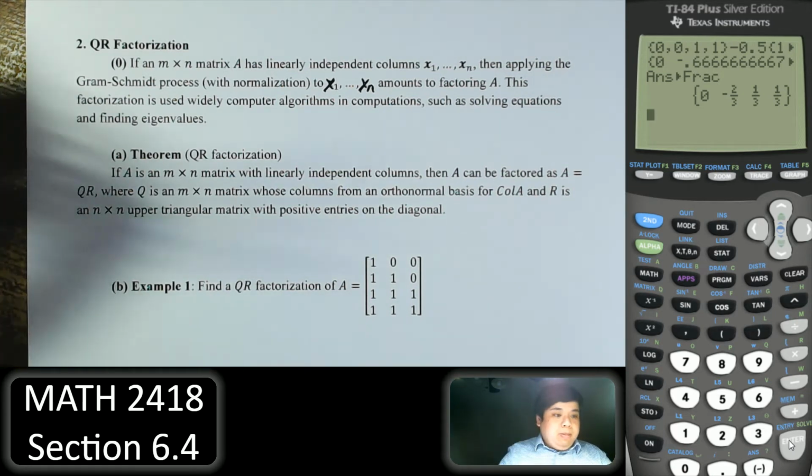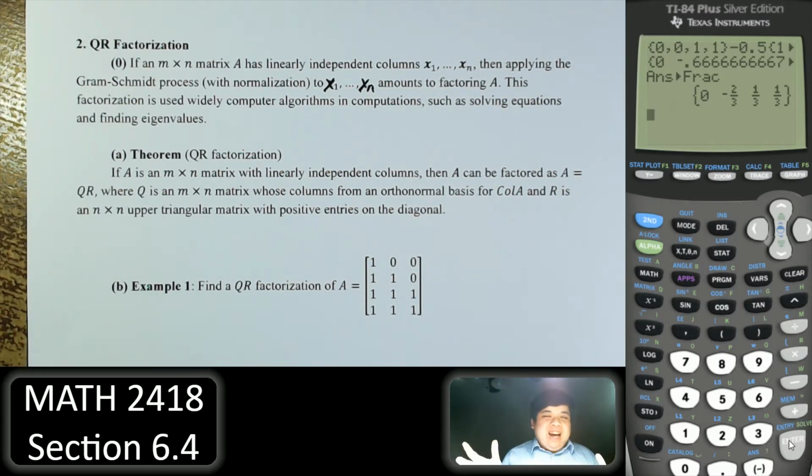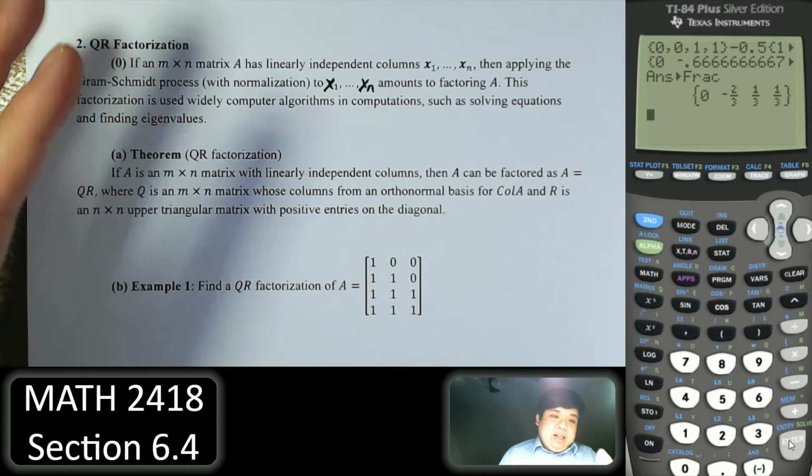It is a lot more suitable to use on a computer than to write by hand, because when we do the computation we have square roots and all kinds of that. If we do it by hand, in the calculator we just use the approximation and have decimal numbers, so it's easy to keep track on the computer. So once again, we have the matrix A with linearly independent columns.